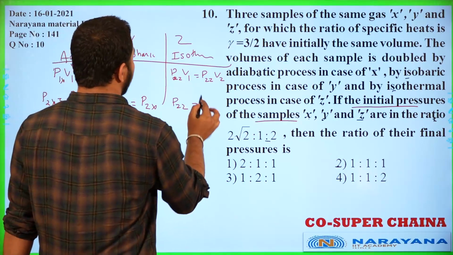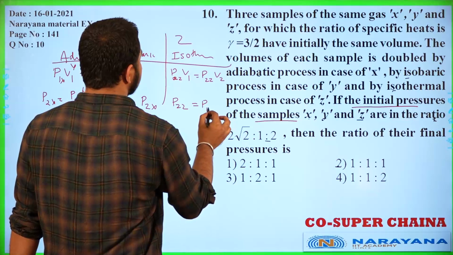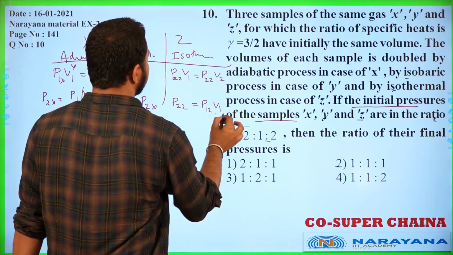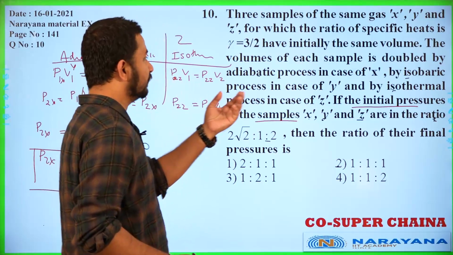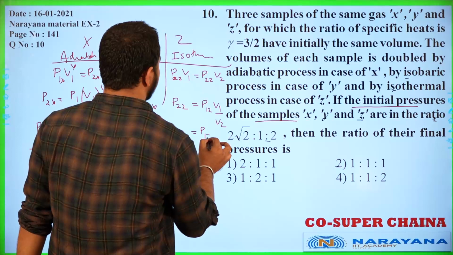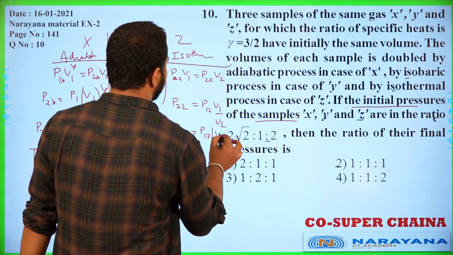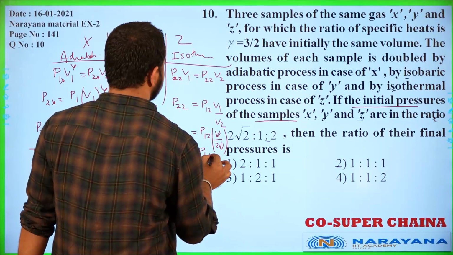Now P2z we have to calculate. So P2z will be P1z into V1 by V2. Now V2, what is V2 given? V2 is doubled. So this will be P1z and this will be V by 2V. So this will be coming as P1z by 2.